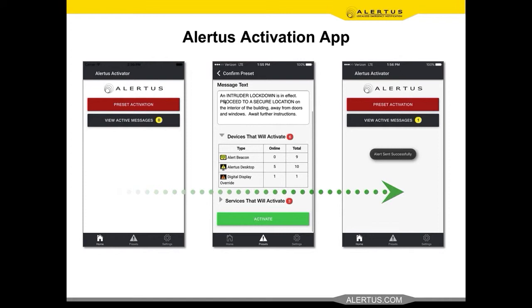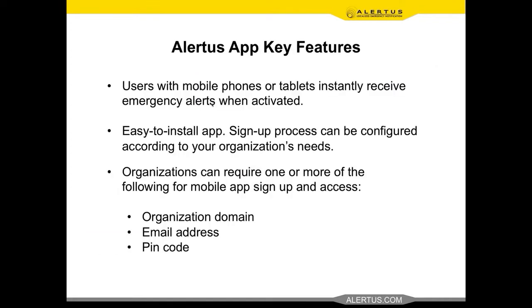So on the other side of things, the Alertus app, this notifies targeted students, faculty, personnel, anybody that has the app loaded into their smartphone to be activated. App setup is very simple to encourage user adoption. Users are able to acknowledge the message to confirm receipt of the alert.